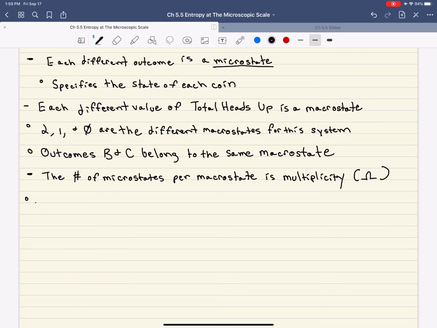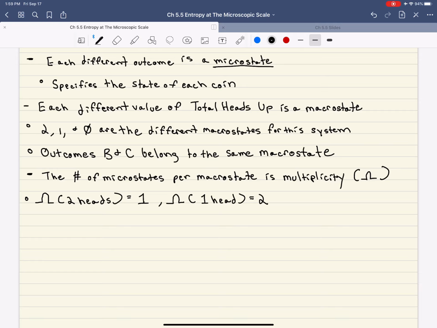If we talked about the multiplicity of the macrostate where we had 2 heads face up, the multiplicity of that macrostate would be 1. If we talked about the multiplicity of the macrostate in which we only had 1 head face up, that multiplicity would be 2, right?